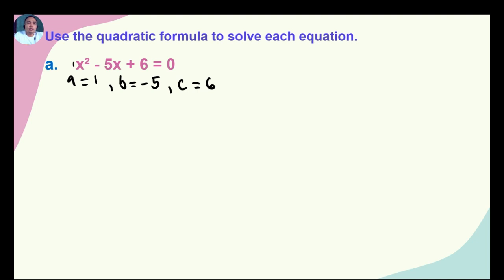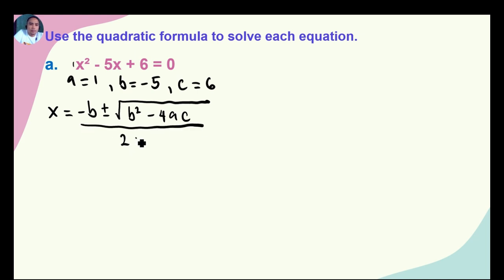After you identify the values for a, b, and c, the next step is to substitute them in the quadratic formula. The quadratic formula is x equals negative b plus or minus the square root of b squared minus 4ac, all over 2a.